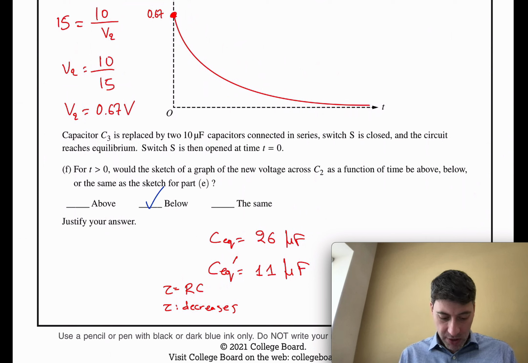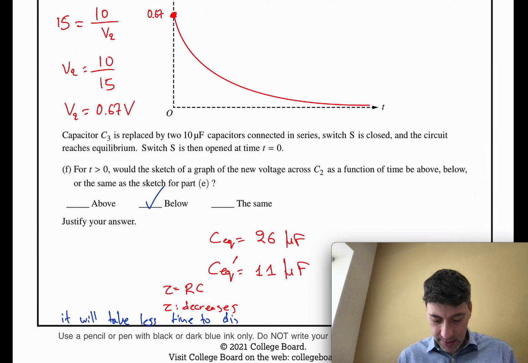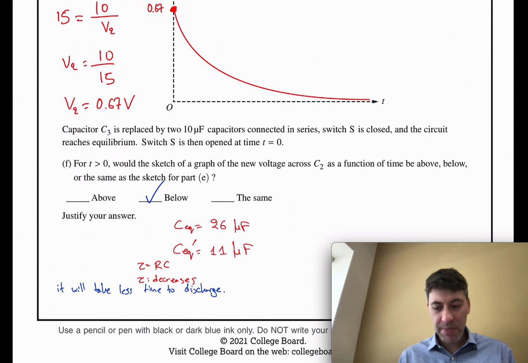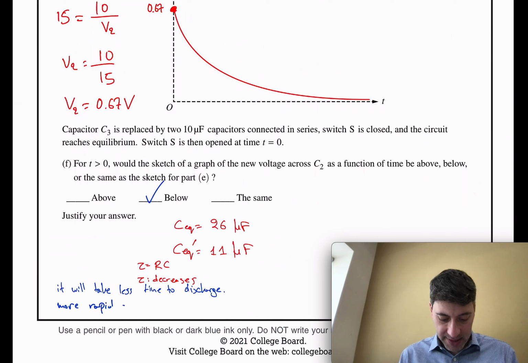So it will take less time to discharge. So the graph will show a more rapid discharging, and the graph will be below. The new line will be below.